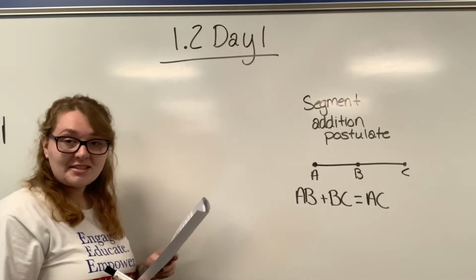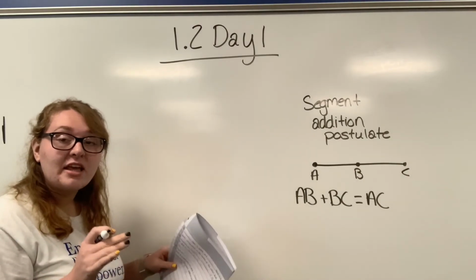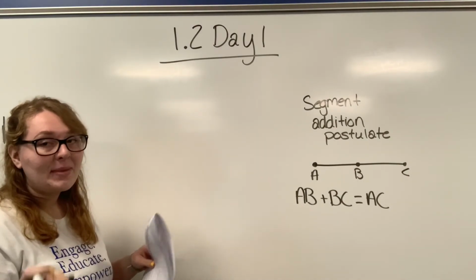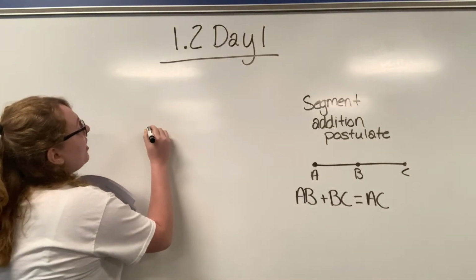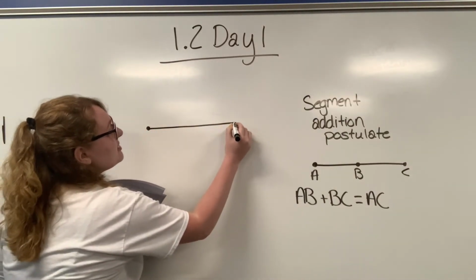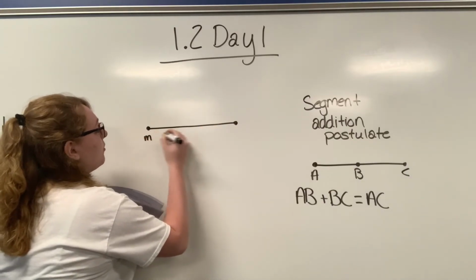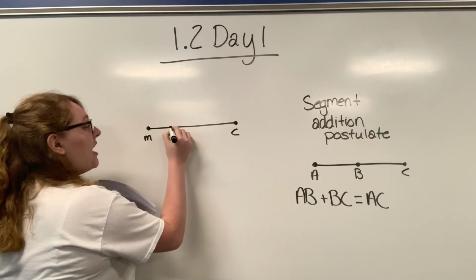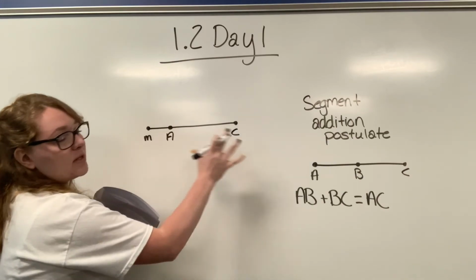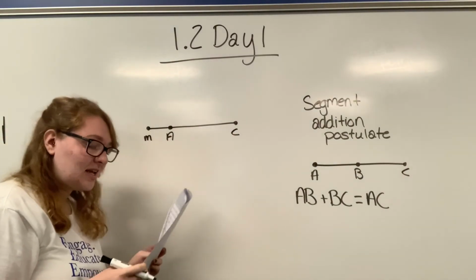So if we look at the example, point A is in between points M and C. That means points M and C have to be our endpoints. And that means A gets to be somewhere in between M and C.